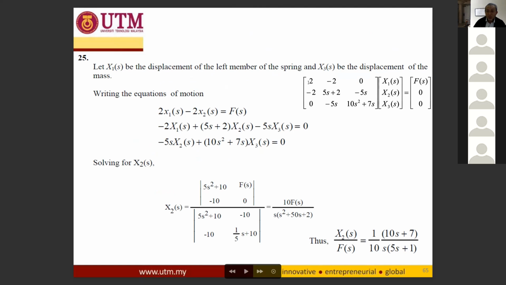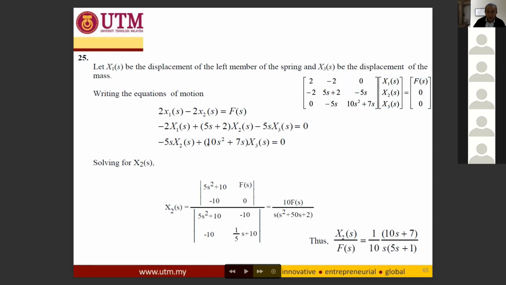This is the equation that I told you before, which is the matrices. So we have 3 by 3 matrices with x1, x2, and x3 for the displacement, equal to the force value Fs from these equations.